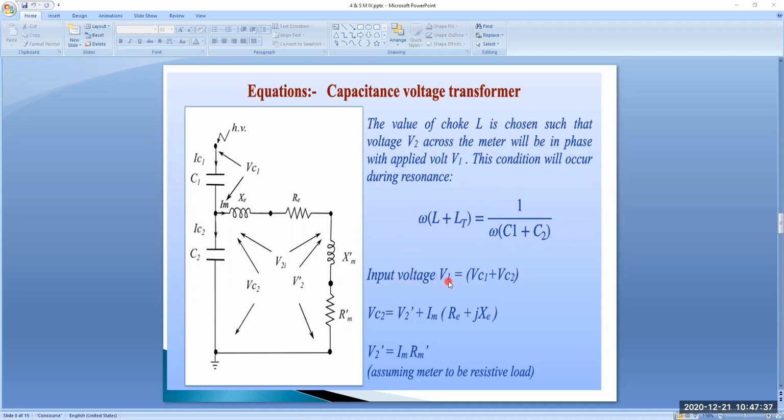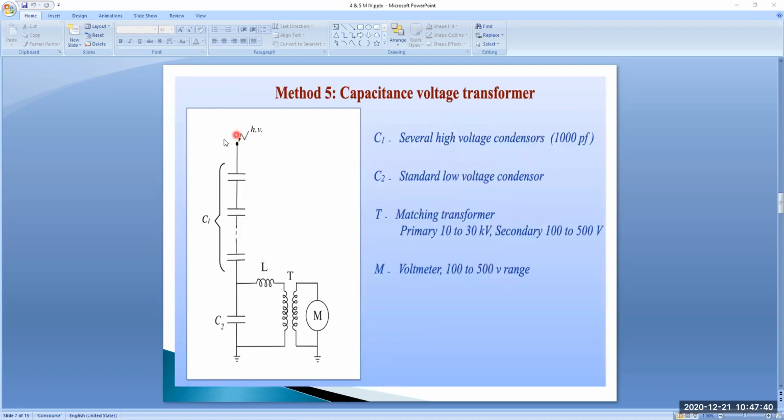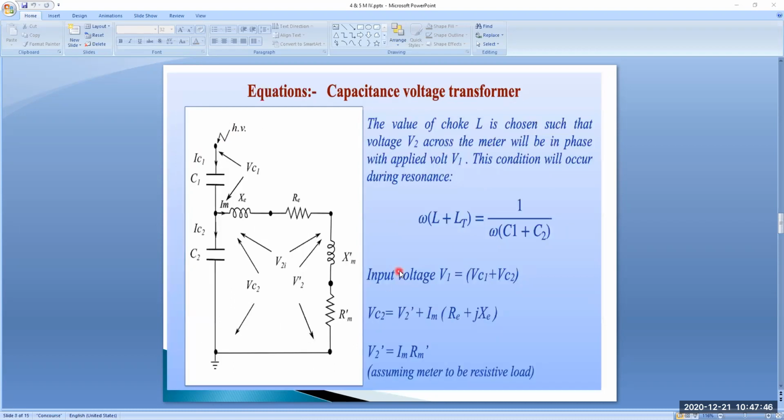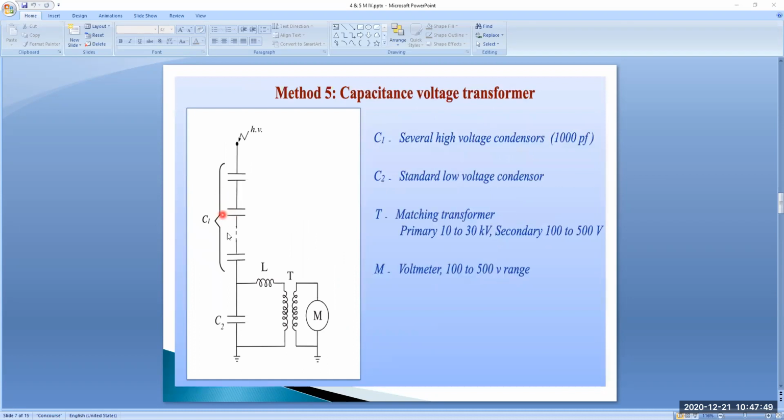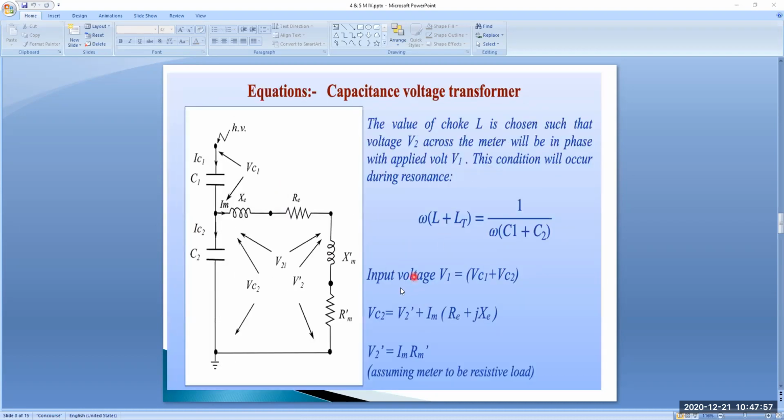So the input voltage V1 is equal to VC1 plus VC2. This total voltage is the combination of the voltage across the capacitor C1 and the voltage across the capacitor C2. And then VC2 is equal to V2 dash plus IM into RE plus j into XC, that is, this voltage plus the voltage drop across the transformer winding resistance.